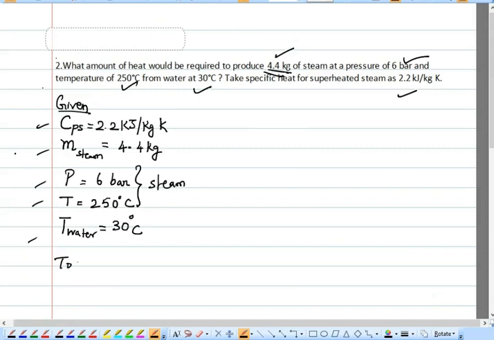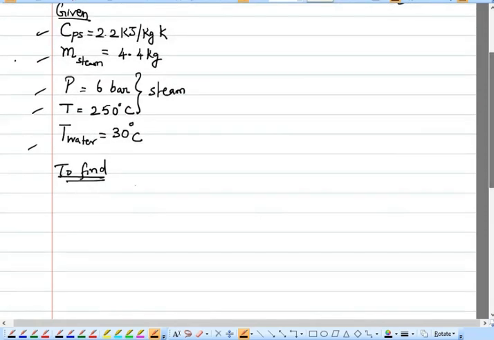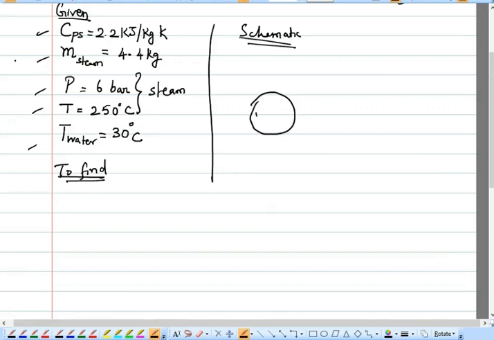So what you are asked to find? First, draw the schematic diagram. I am having water. Water at 30 degrees Celsius. So from this water, I have to produce steam.